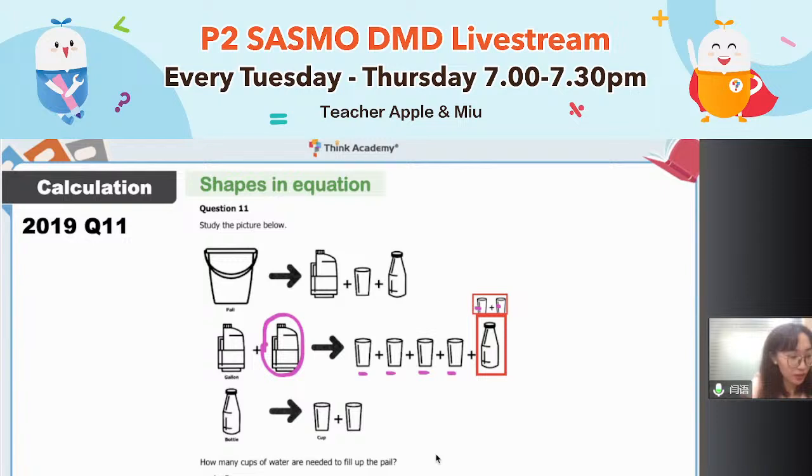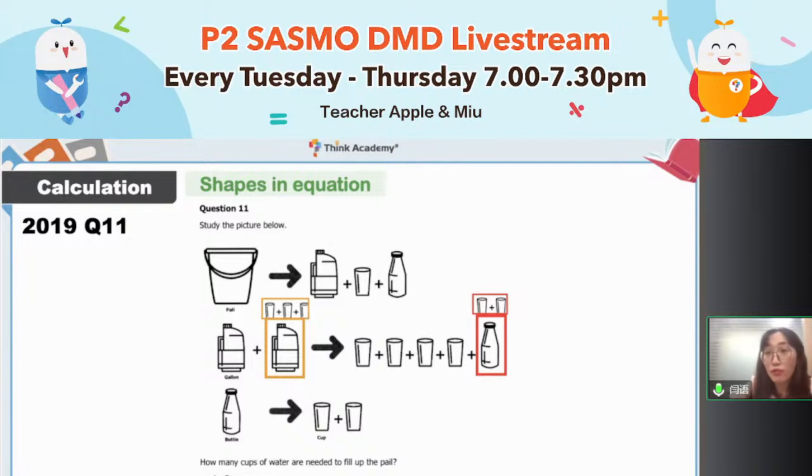Good job, equals 3, right? You just divide the 6 cups into 2 parts. So 1 gallon equals 3 cups.